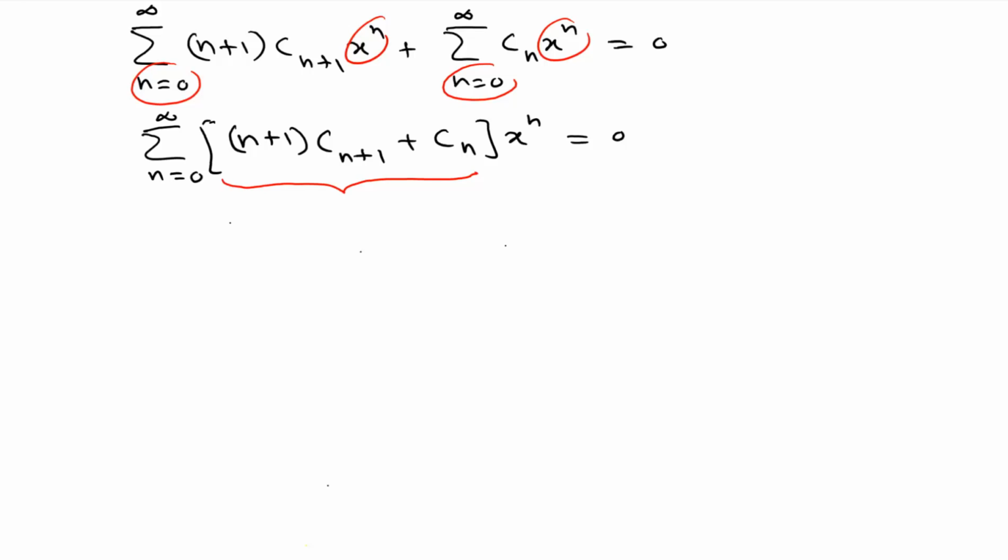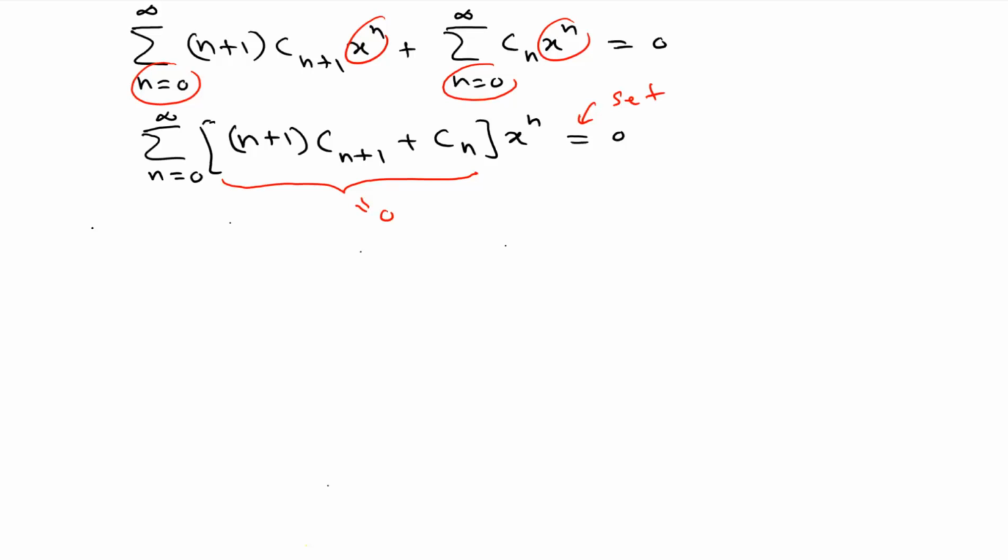We know that the x^n functions are linearly independent, so that means this coefficient has to be 0. That's the only option we can get, because this is equal to 0. Because we set this series equal to 0, this implies that the coefficient has to be 0, since the x^n functions are linearly independent.